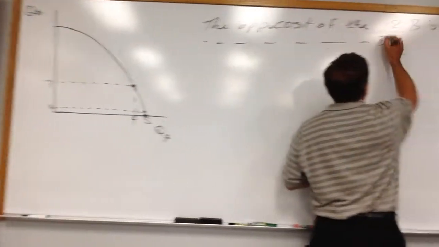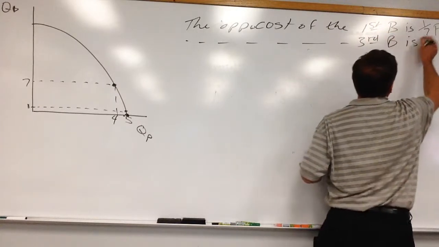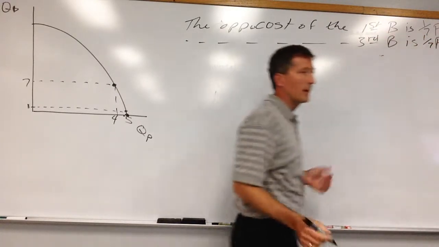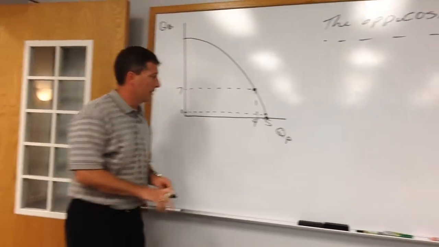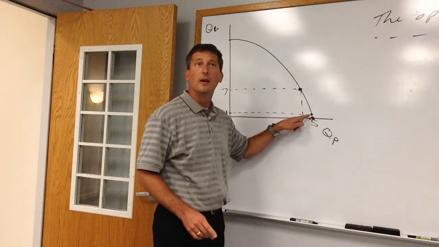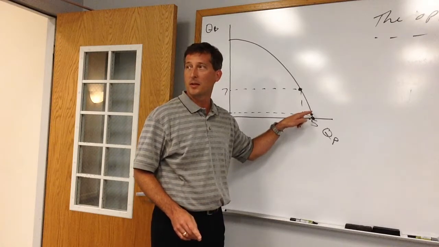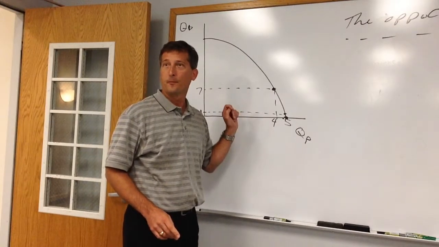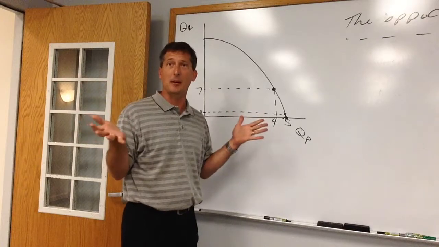Third. So the third beer is the same thing, which tells you something of what we're doing with the slope between this point and this point. What's true about the slope between this point and this point? It's consistent, it's the same, right?